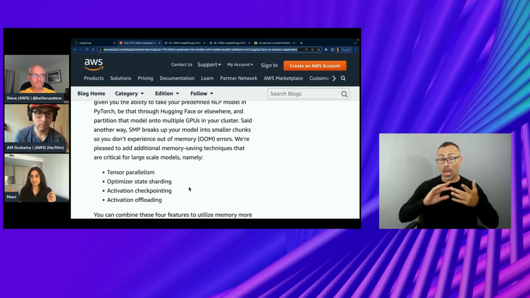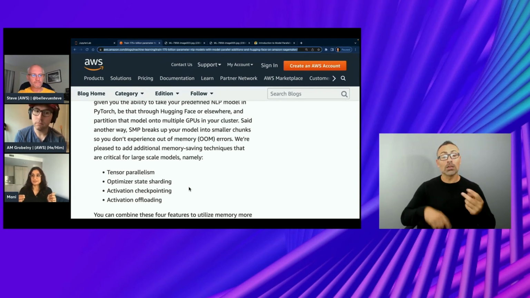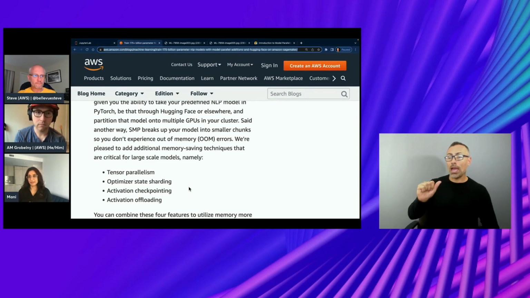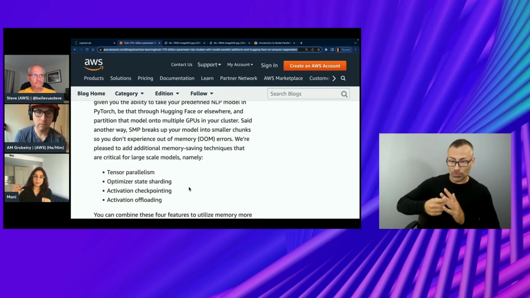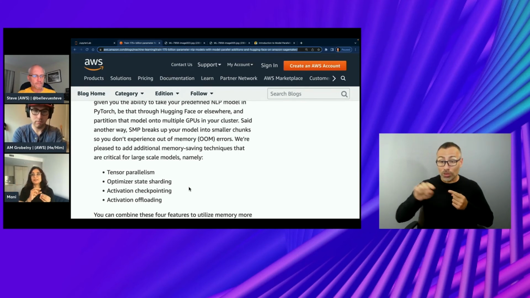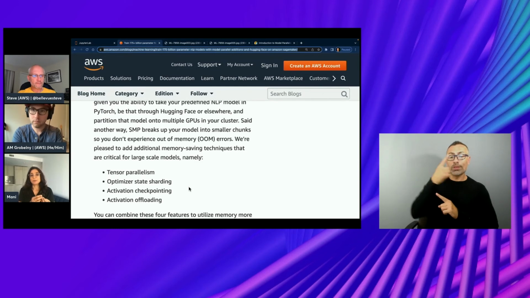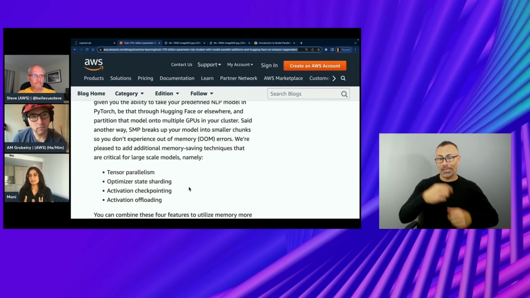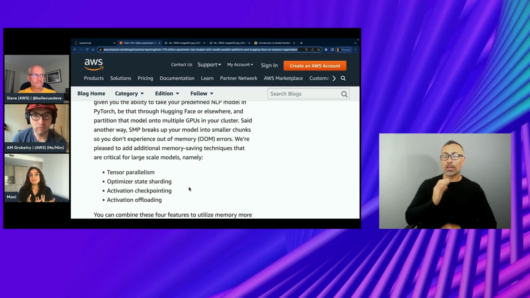That's the forward pass first, and we calculate the activations during the forward pass. Those activations need to be stored in memory because during the backward pass, they are used to calculate the gradients. But saving these activations in memory uses our GPU memory. So activation checkpointing helps you release the memory when the activations are not in use.